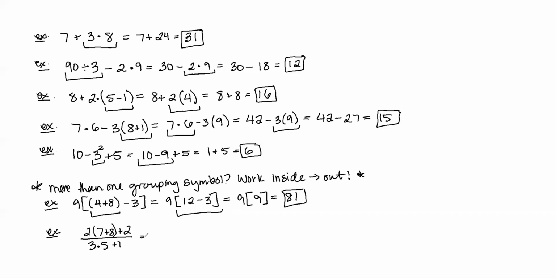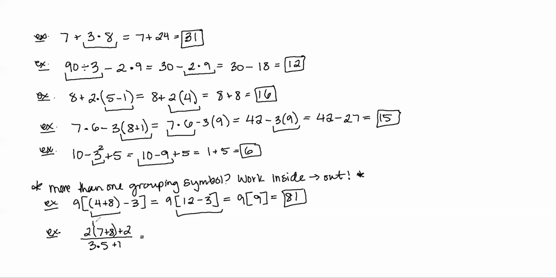And so what we're going to do here is, because this fraction bar here is a grouping symbol, that means that we're going to simplify the top and the bottom separately before we divide or before we reduce that fraction down. So let's go ahead and look at the top.